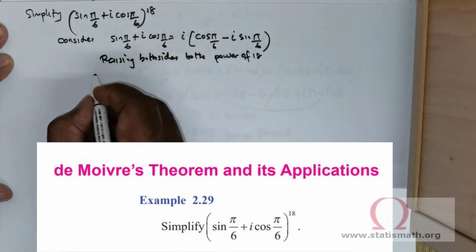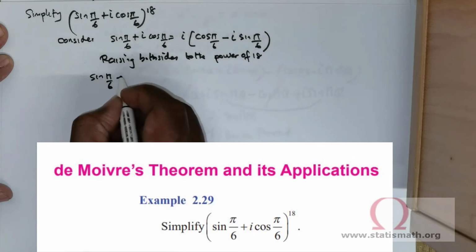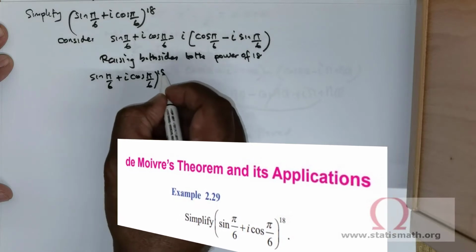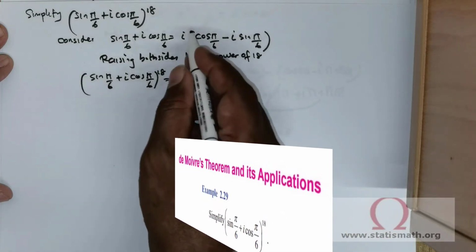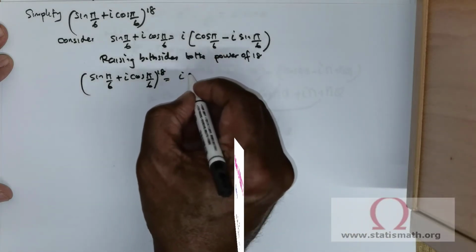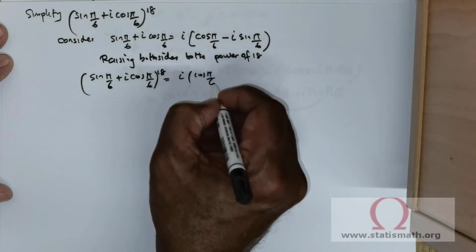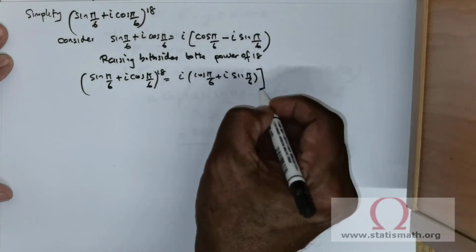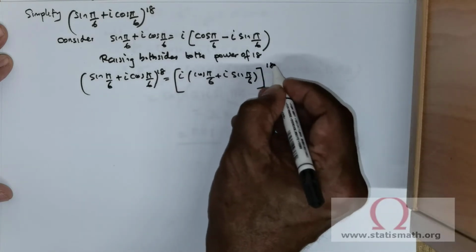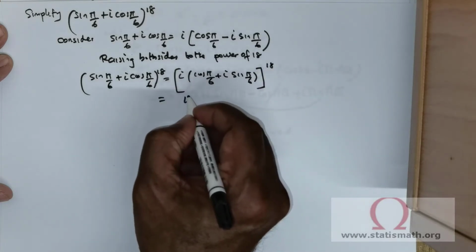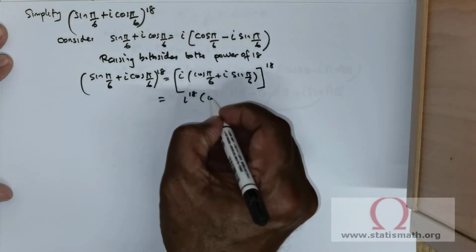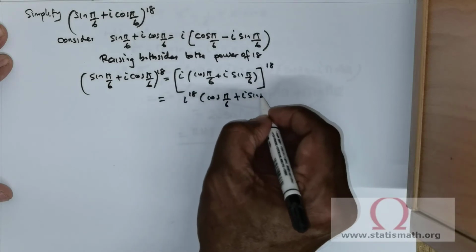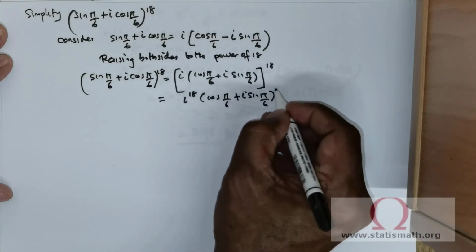If I do that, I would get (sin(π/6) + i cos(π/6))^18 is equal to, raising both sides, i of cos(π/6) + i times sin(π/6), and this entire quantity is raised to the power 18. I can rewrite this as i^18 times (cos(π/6) + i sin(π/6))^18.